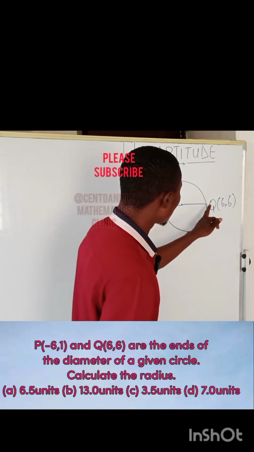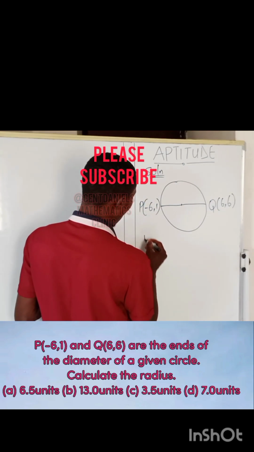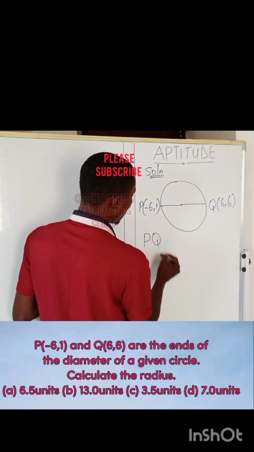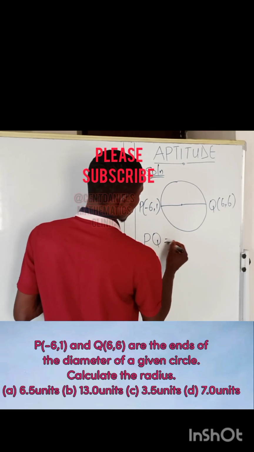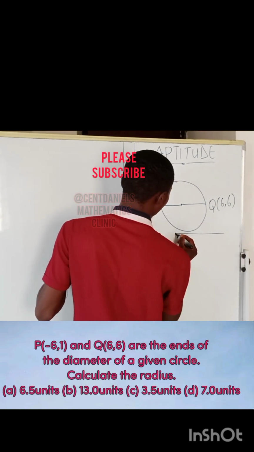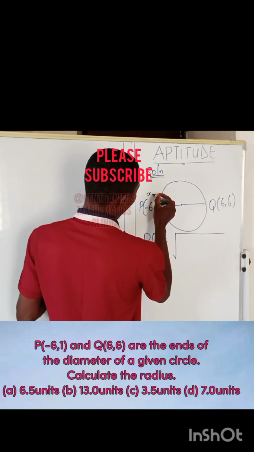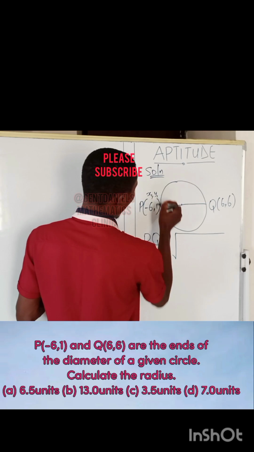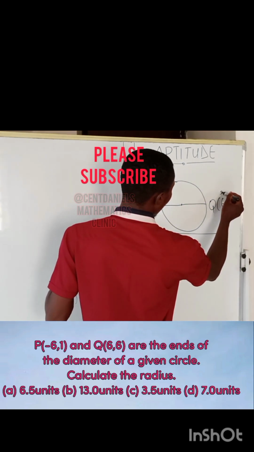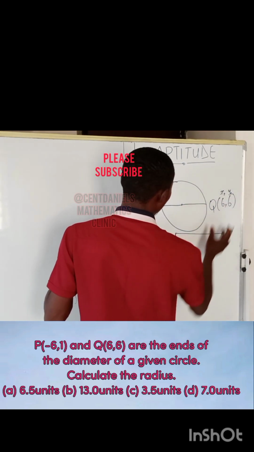Alright? So what is the length of this diameter? The length PQ can be given by a square root. If I name this point x1, y1, and here x2, y2 as coordinates, right?